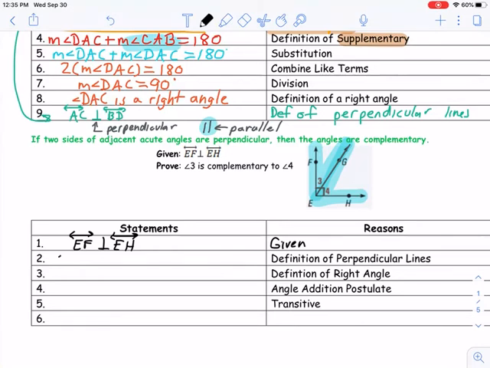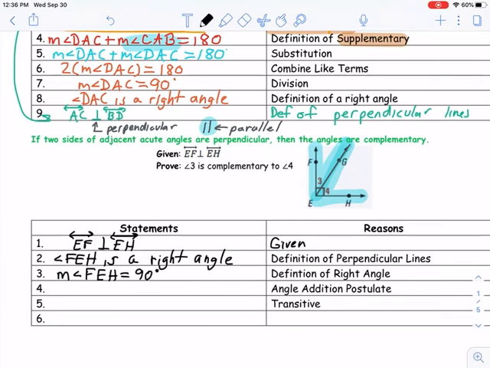Well, that means angle FEH is a right angle. They're perpendicular lines, so they're intersecting to form a right angle by definition of perpendicular lines. So since it's a right angle, what do we know about right angles? Well, I know that their measure is equal to 90 degrees.